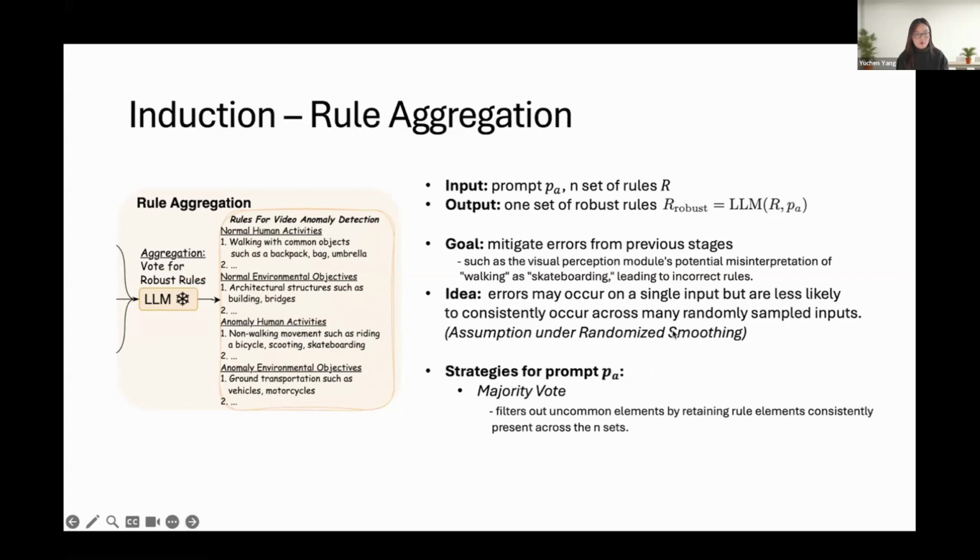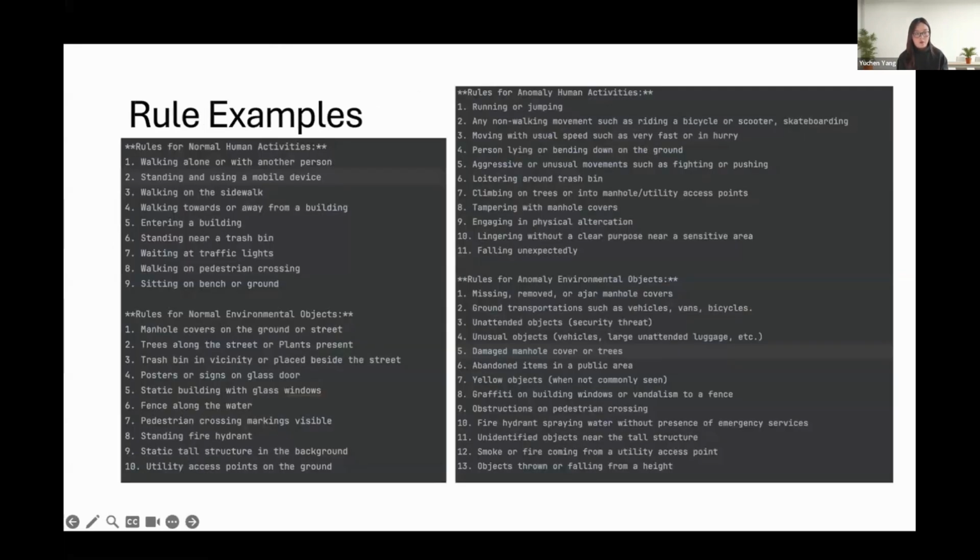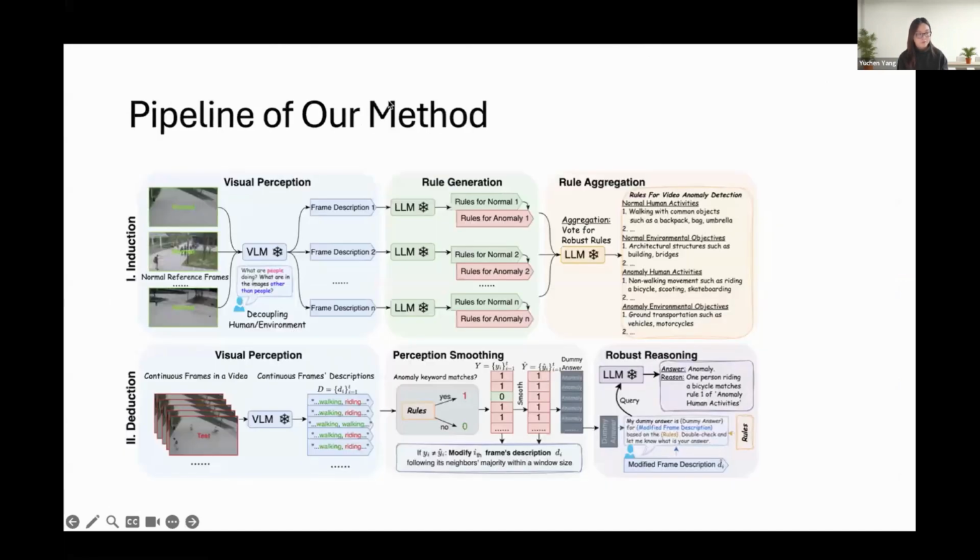By doing this, we do a majority vote to filter out the uncommon elements by retaining the rule elements consistently present across different randomly selected sets. So now we will have these rules. We will use these rules in the deduction stage to do the reasoning and the detection.